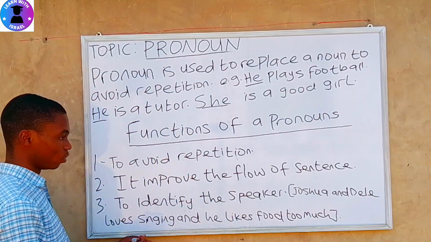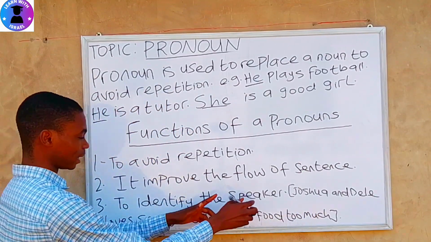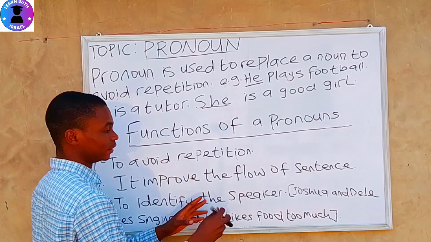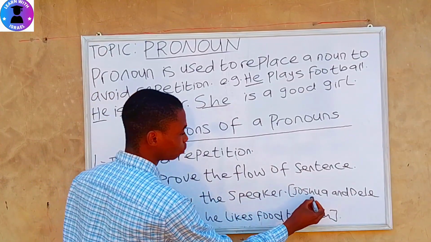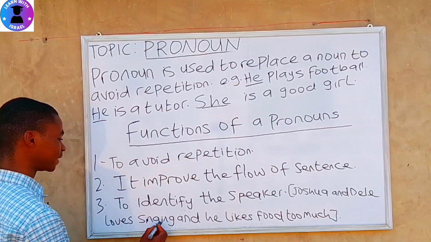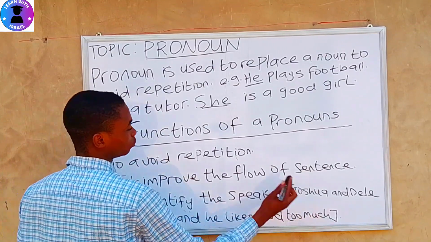So, for example, you can see this example, identify the speaker. This sentence, it says, Joshua and Dele love singing and he likes food too much.